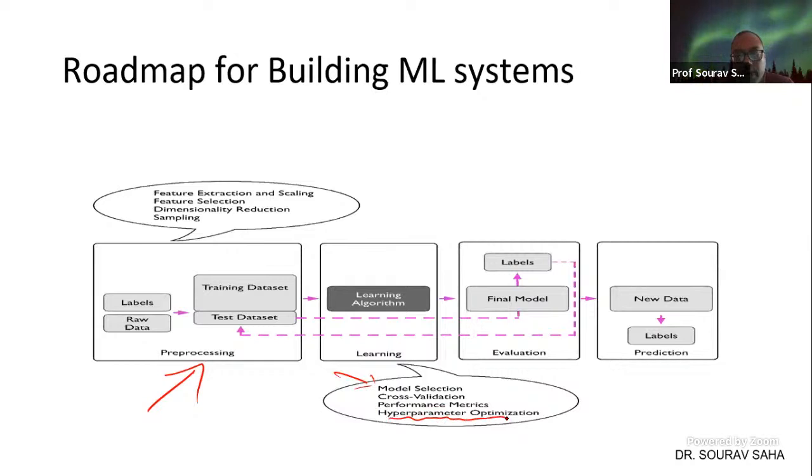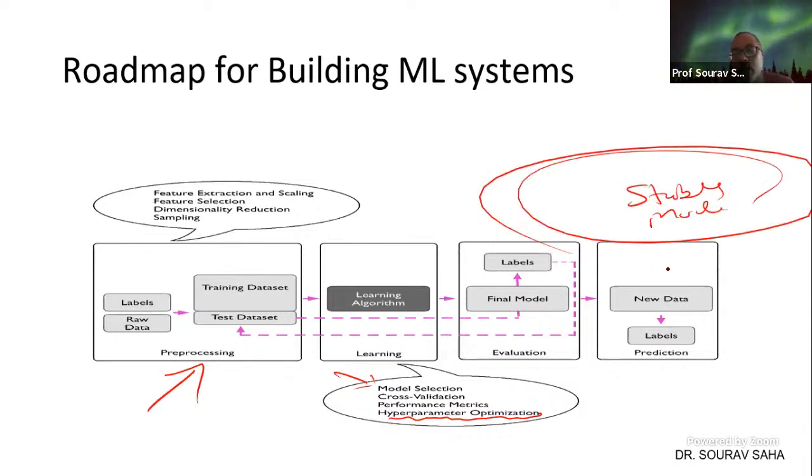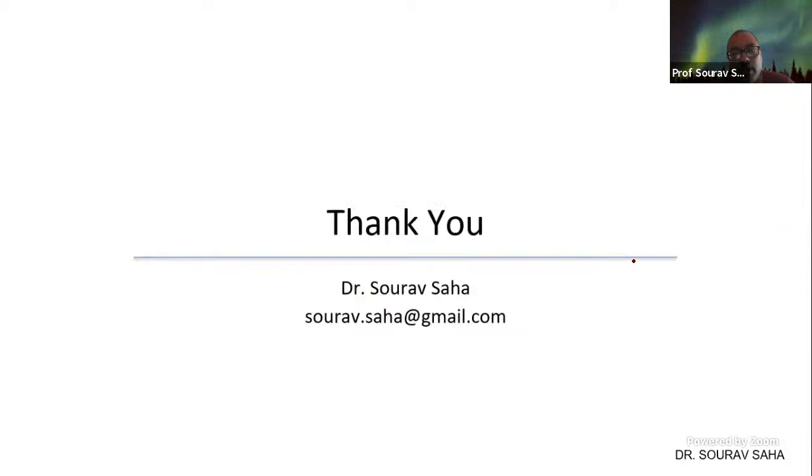This one will probably take a lot of time, hyperparameter optimization. And then you do an evaluation. You keep repeating this step until you build the best model. Once you have a stable model and you have new data, you do a prediction on it. So this is the roadmap for building your machine learning model.